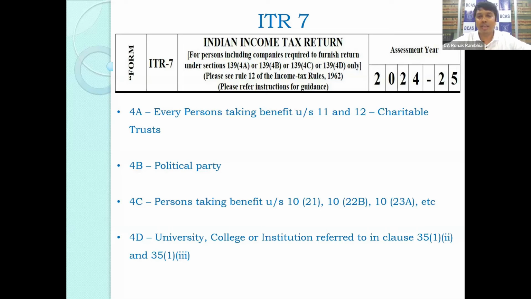So there are various subsections in this section 10 which are liable to be filing the income tax return in ITR 7. And under 4D, which are the university, colleges, or institutions referred to in clause 35(1)(ii) or 35(1)(iii). So here, various sections of section 10 have to file ITR 7.